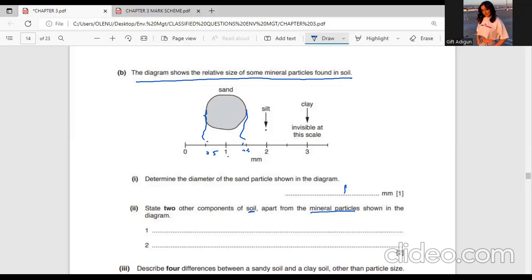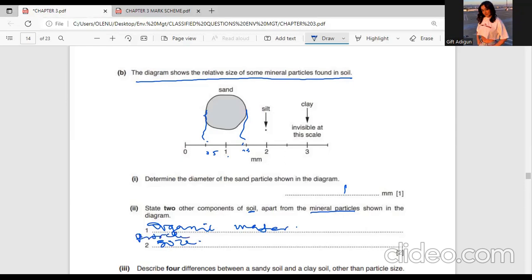Can you think of any other components of soil? We can look at possibly organic matter.